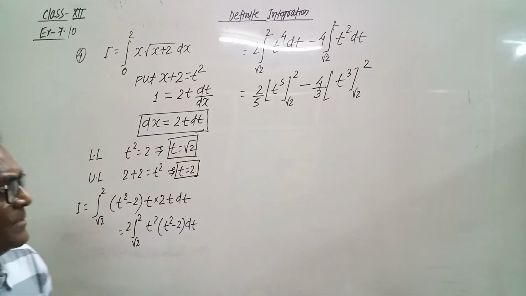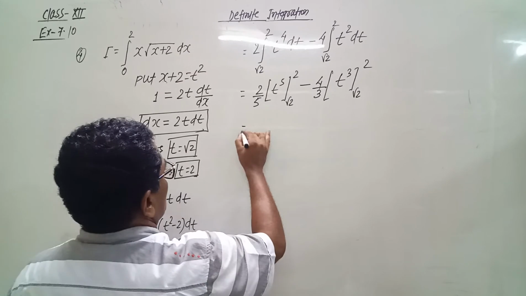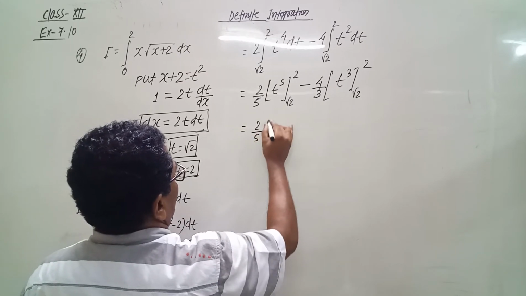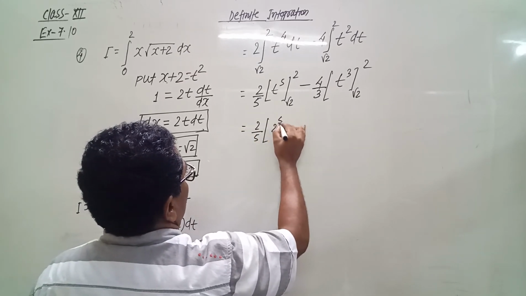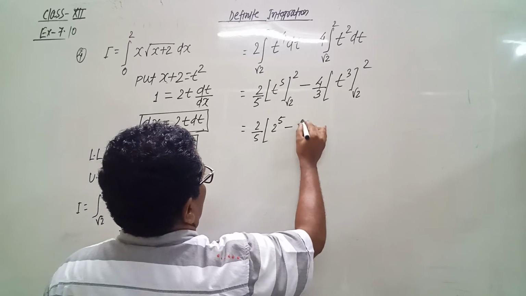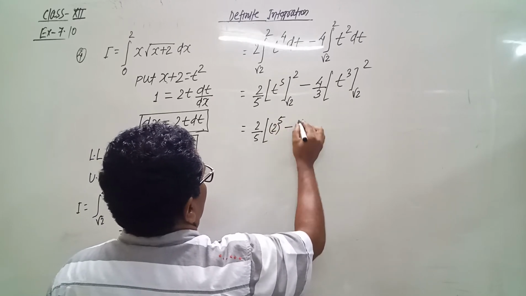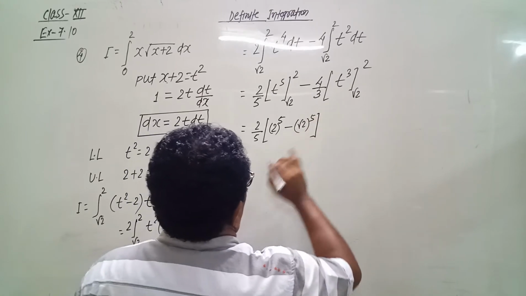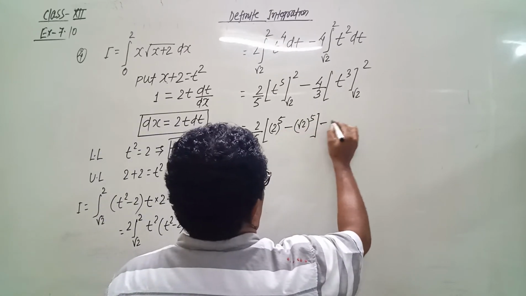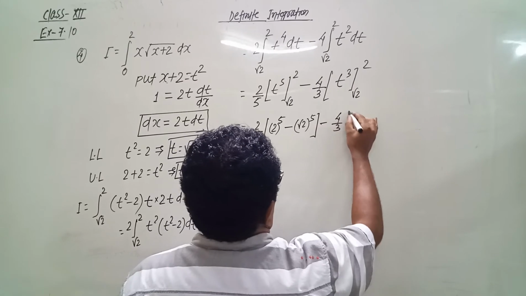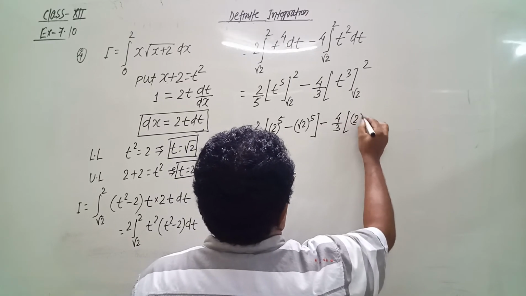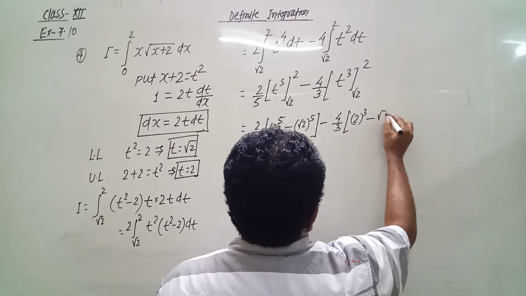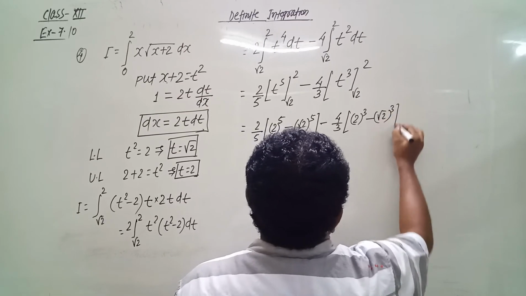Then we put the limit. So 2 by 5 into 2 raised to the power 5 minus root 2 raised to the power 5, upper limit minus lower limit, minus 4 by 3 into 2 raised to the power 3 minus root 2 raised to the power 3.